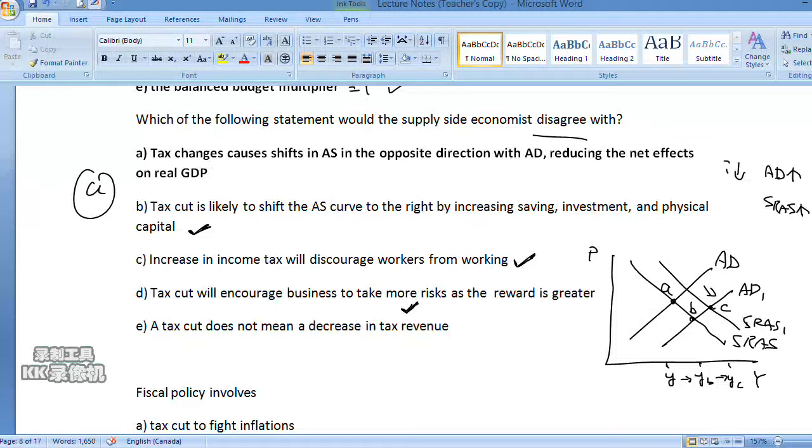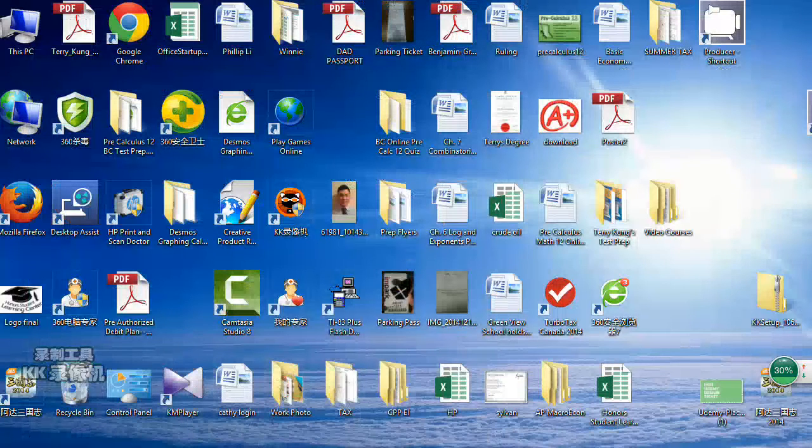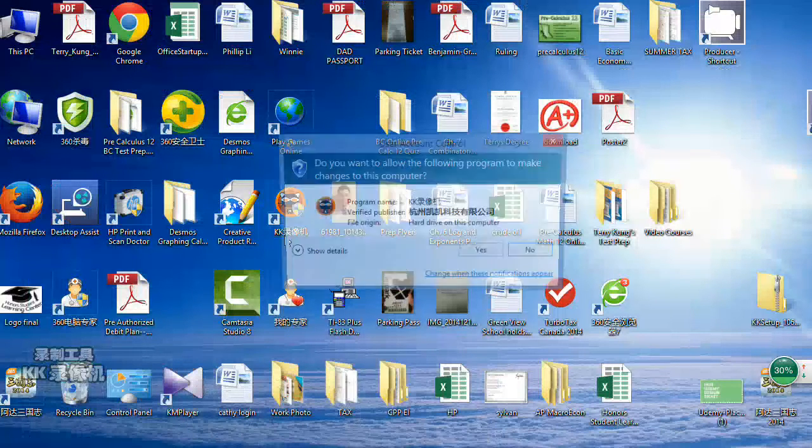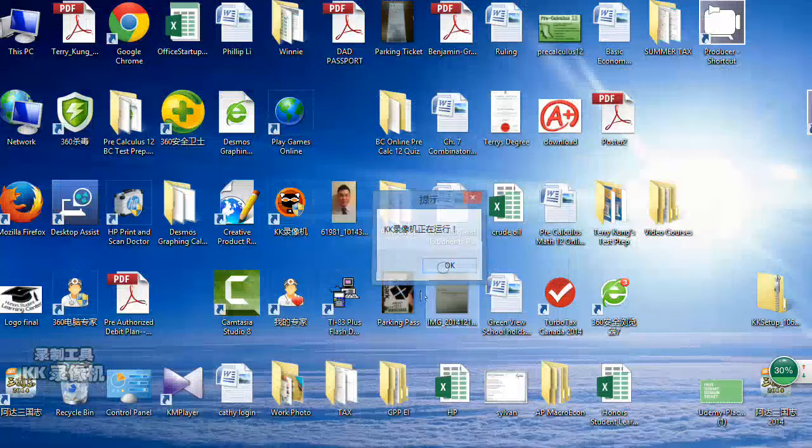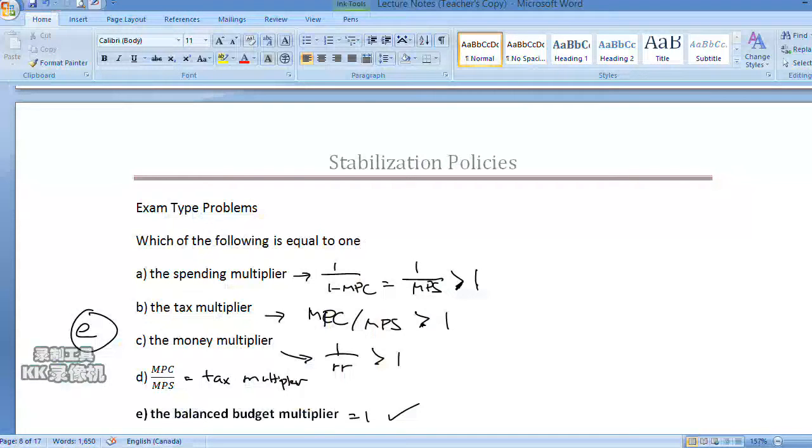A tax cut does not mean a decrease in tax revenue. That is also true. As you can see here, real GDP has increased by a lot. So even if individuals and businesses are being taxed at a lower tax rate, the overall effect might still be greater on taxes.